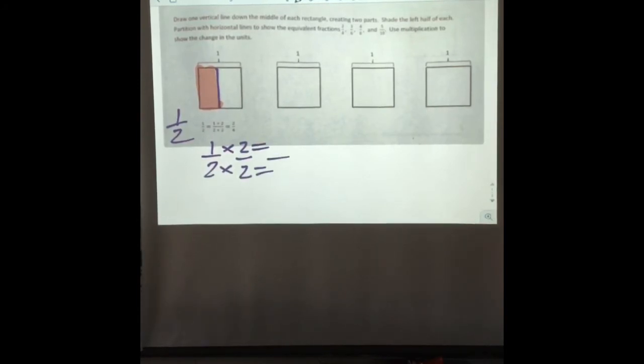So that means I'm going to draw a line across here. What's my unit number now? Well, let's see. I've got 1, 2, 3, 4. What's my unit fraction now? 4.